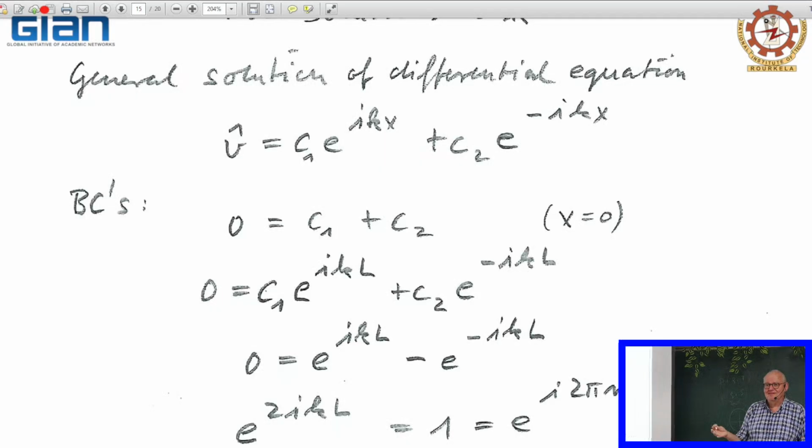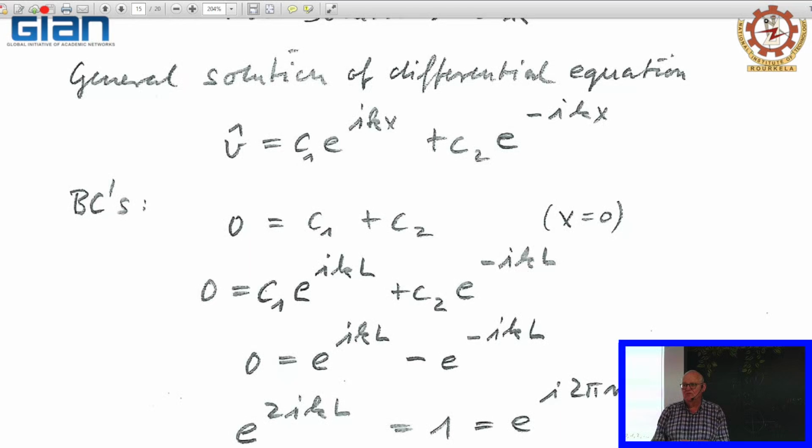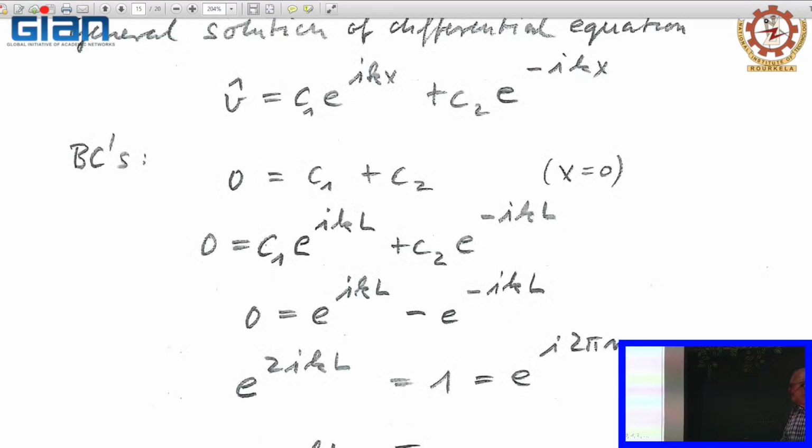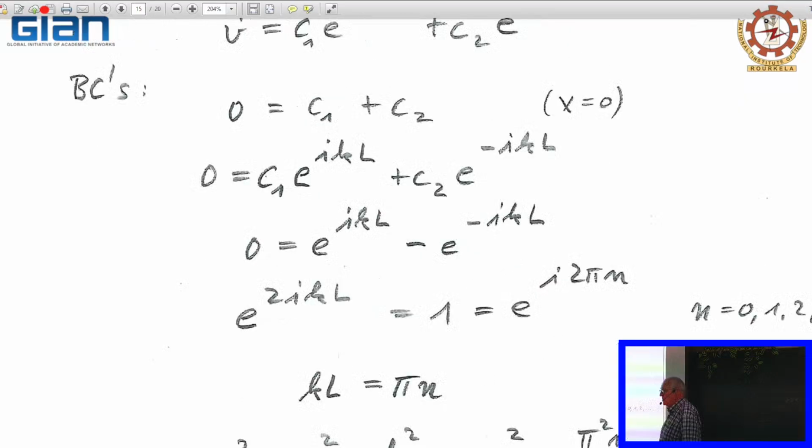It's simple complex algebra, so we can write 1 as the exponential of i times 2 pi n, and n can take on values 0, 1, 2. You can go round and round the unit circle and always get 1. So if you take the logarithm of that, it means that kL is equal to pi times n. And now inserting this again into our dispersion relation.